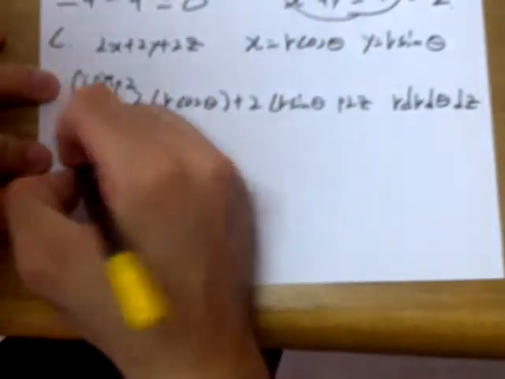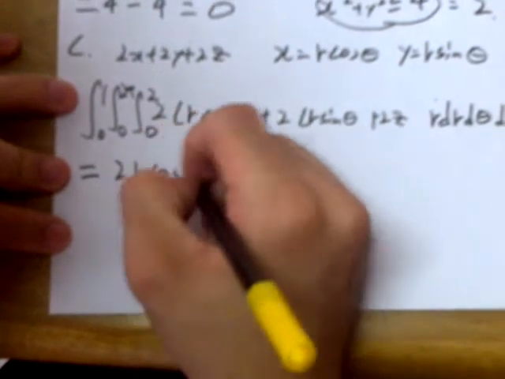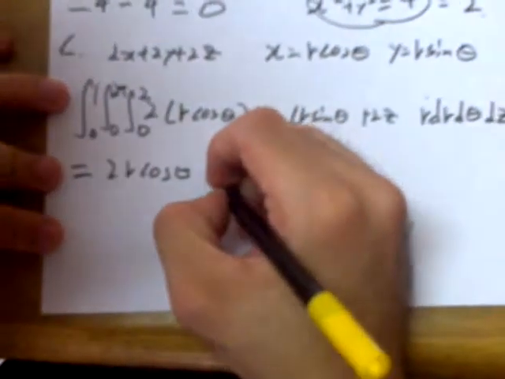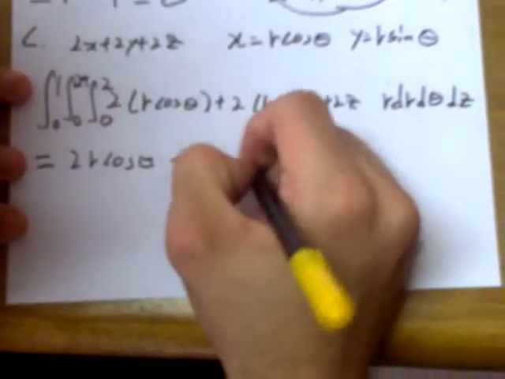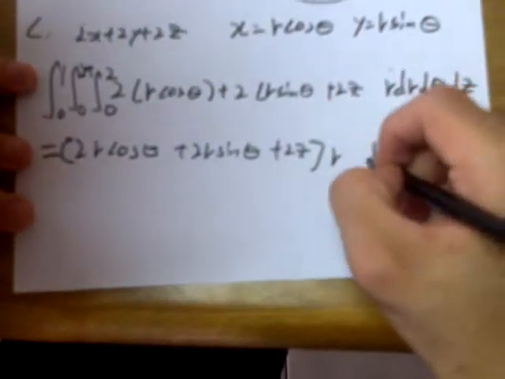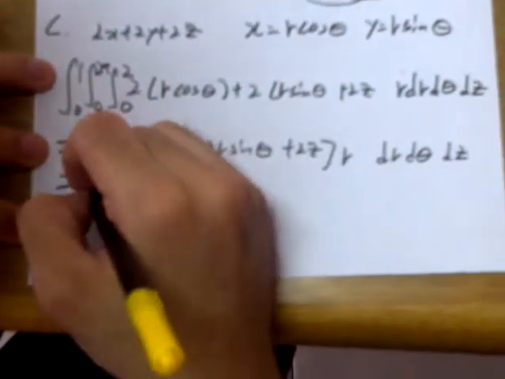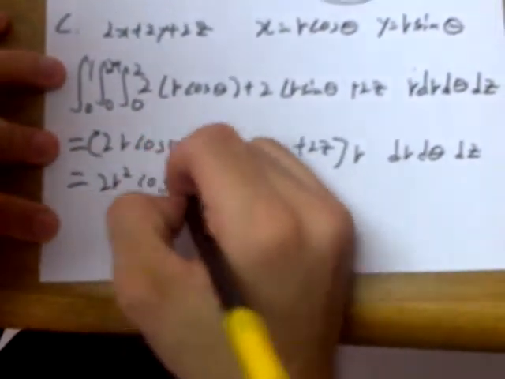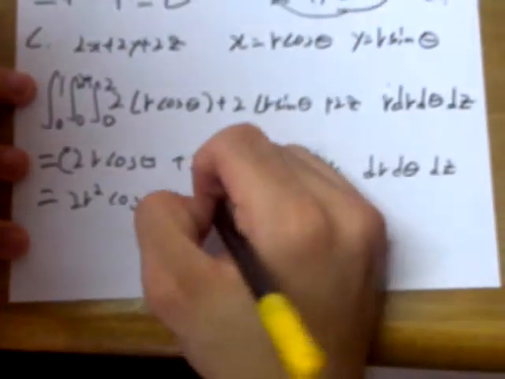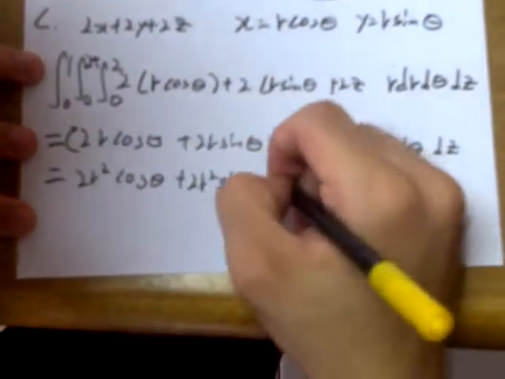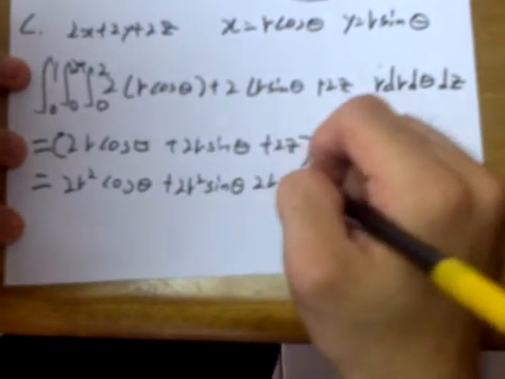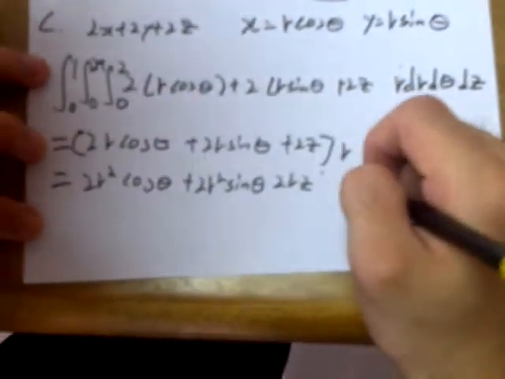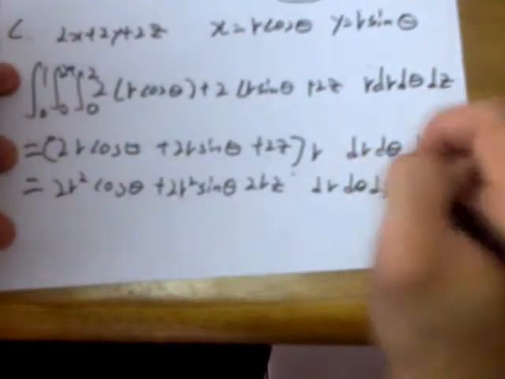So we integrate 2r cos theta plus 2r sin theta plus 2z times r dr d theta dz. We need to simplify first: 2r squared cos theta plus 2r squared sin theta plus 2rz dr d theta dz.